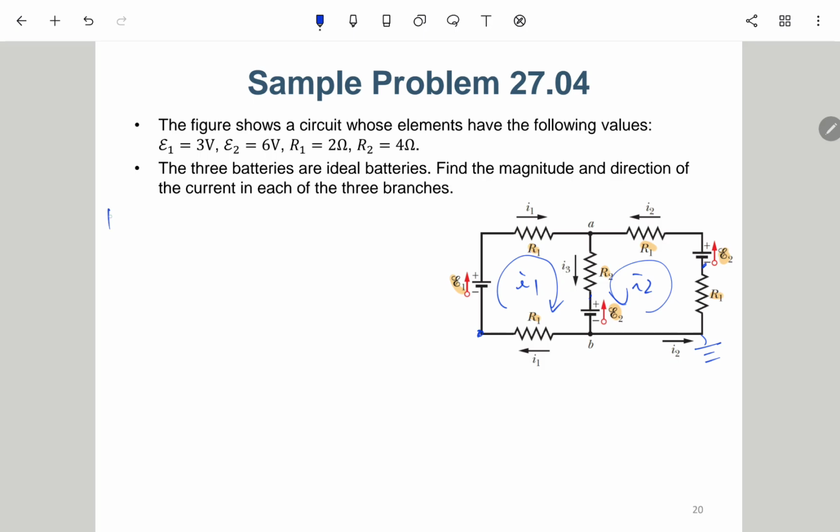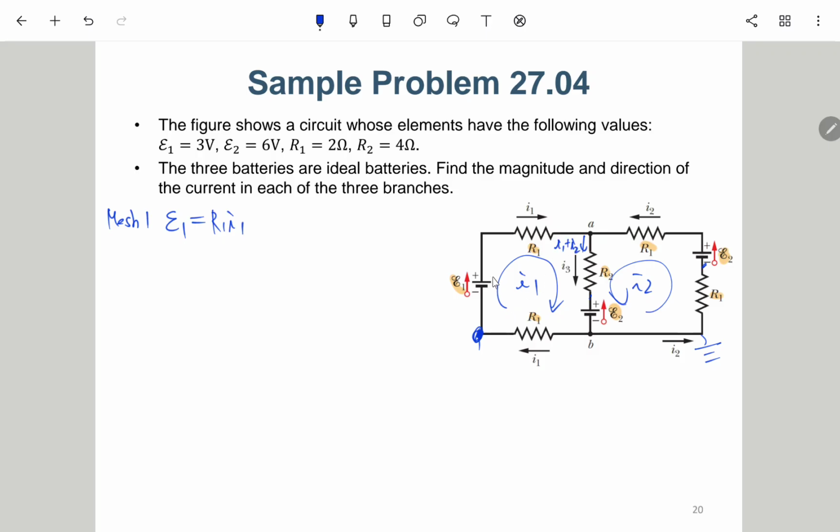For mesh one, let us start from here. Here we are going up, so we have E1, and then equals, these going down so we put them on the opposite side. So we have I1 R1, I1 R1, I1 R1. Then going to here, this one will be I1 plus I2.